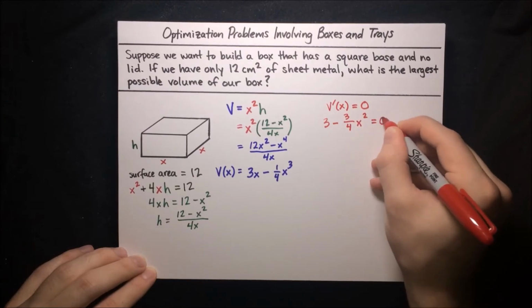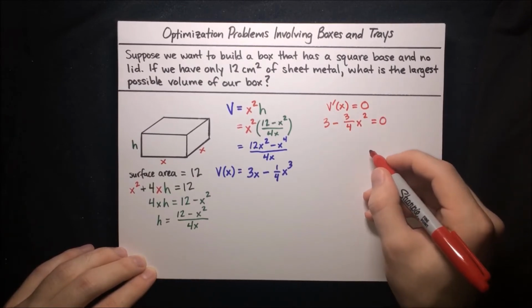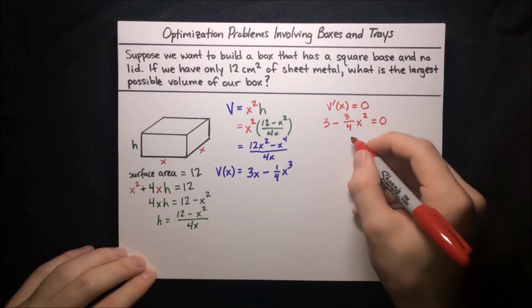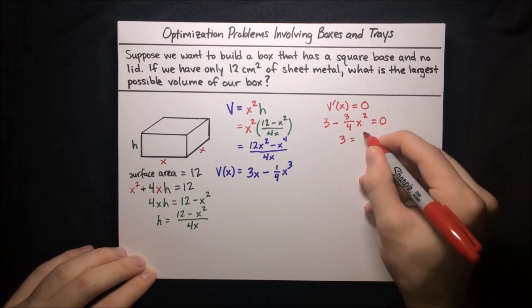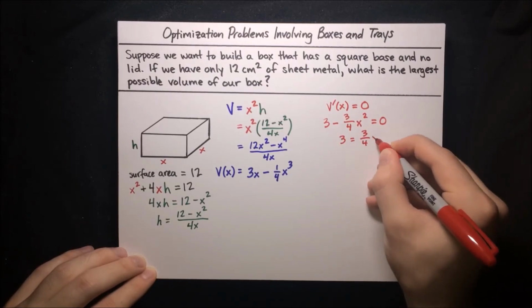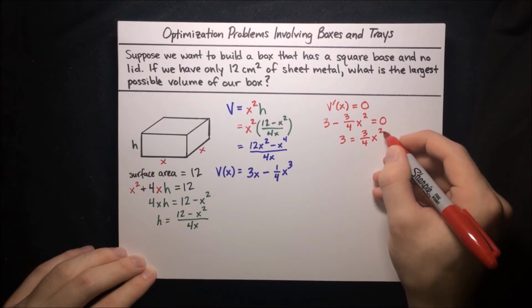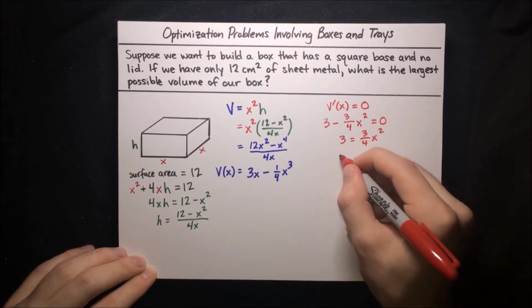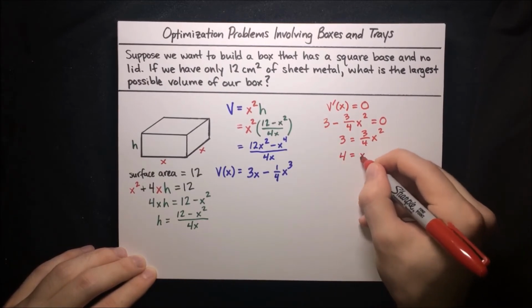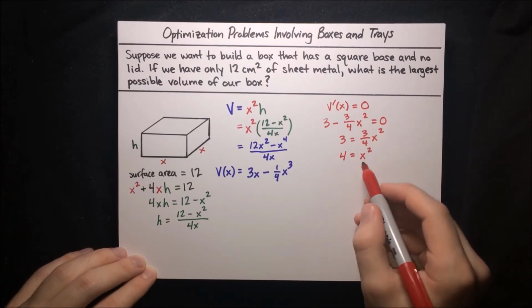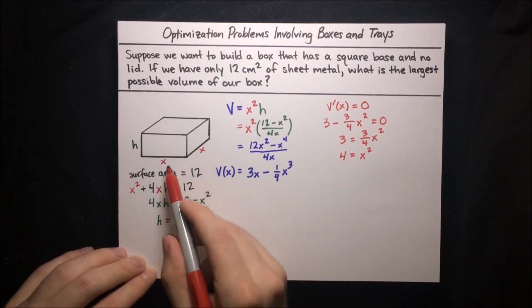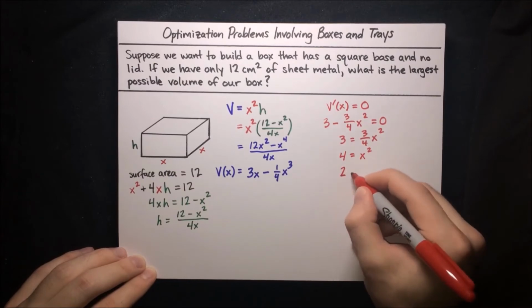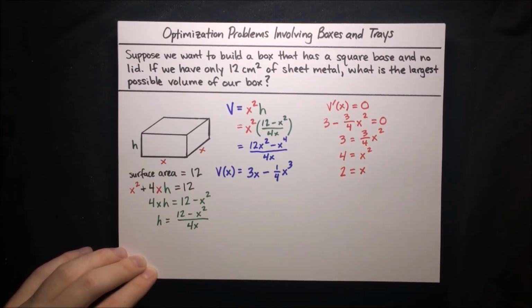That's equal to 0, which means we can just solve for x squared here. How about add 3/4 x squared to both sides? You get 3 equals 3/4 x squared. Multiply both sides by 4/3 to get that 4 is equal to x squared. And now we'll take the root, and since x is a physical length, we want the positive root, so 2 equals x. So that's our critical point.